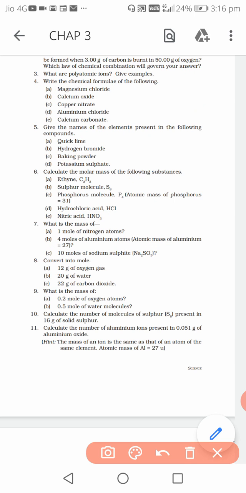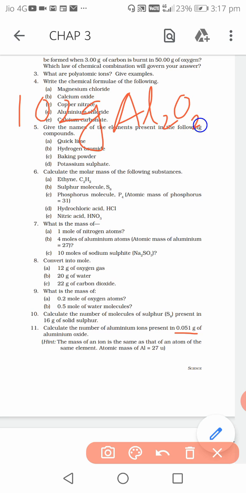Anyways, next step. So 102 gram we got, 1 mole aluminum oxide. How much is given? This much gram. So let us find out. 102 gram Al2O3 is equal to 1 mole, no?